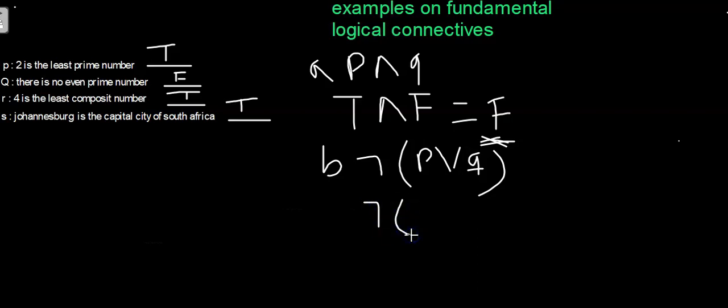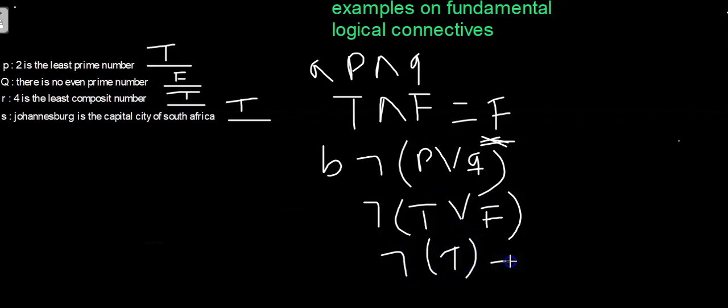We've got P, and that is true, and we also have Q, and that one is false. So true or false. Since we've got this 'or' symbol, our answer will be true. But we've got a negation, so when we negate this true, my final answer will be false. So this is also false.